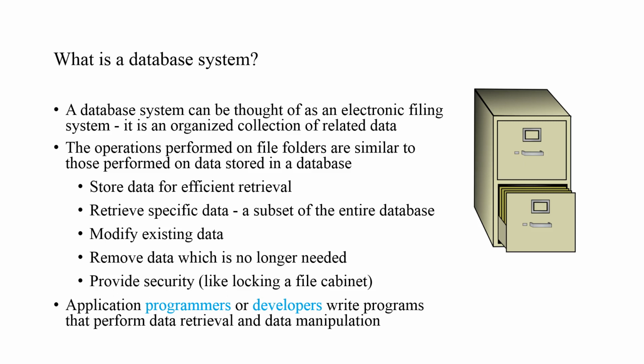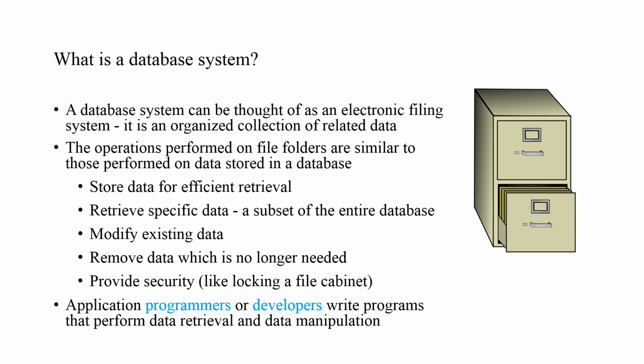Another thing to recognize is what we store in a file cabinet is often considered confidential or perhaps has to be protected in some way. It might be sensitive information. Same is true of data that we entrust to a database system. So what we're looking to do is to provide some security similar to what we have for locking a file cabinet. Database systems provide those capabilities as well.